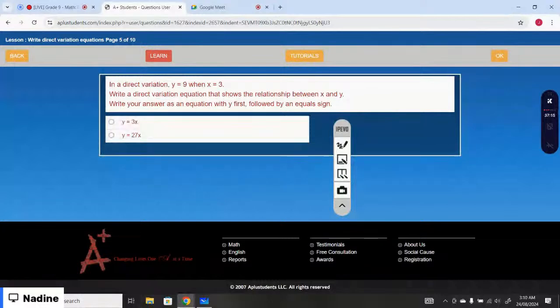In a direct variation, y equals 9 when x equals 3. Write a direct variation equation that shows the relationship between x and y. So which is the correct option?